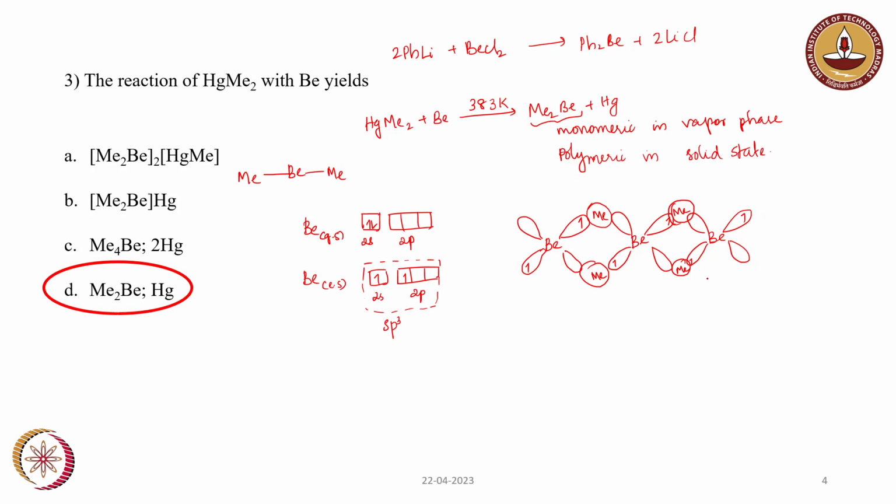This is how the polymer form exists, and it's a 3-center 2-electron bond because the methyl group provides 1 electron and beryllium provides 1 electron, but there are 3 centers: Be, Me, Be. So that's a 3-center 2-electron bond.